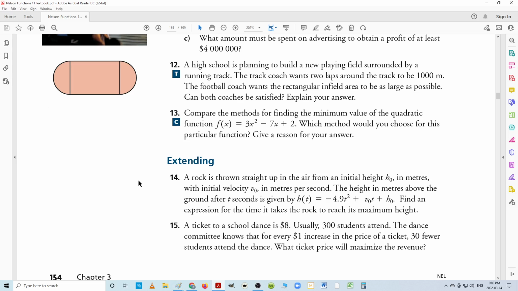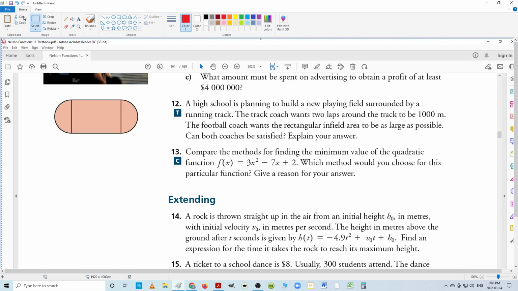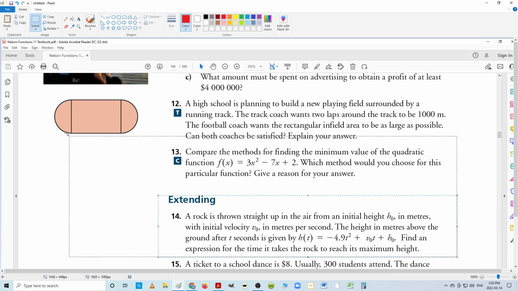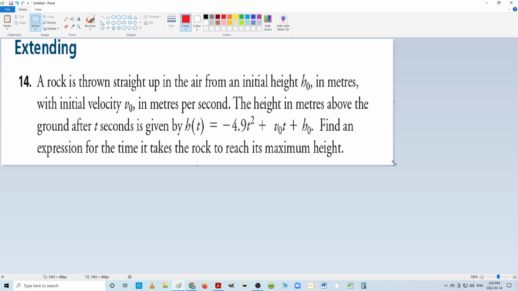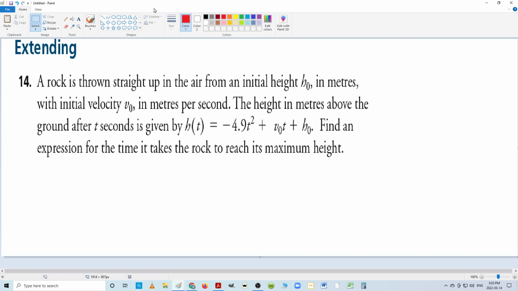Hard to say. A rock is thrown straight up in the air from an initial height. I don't always answer the extending, by the way. So it's from a height with an initial velocity v meters per second. The height above the ground after t seconds is based on time and velocity and height.